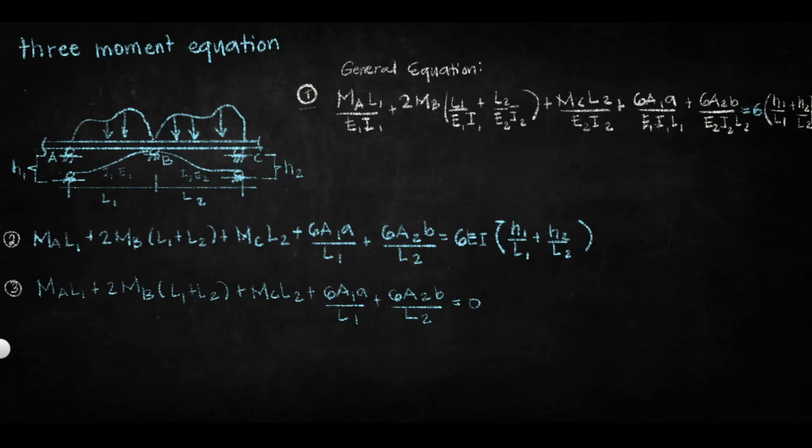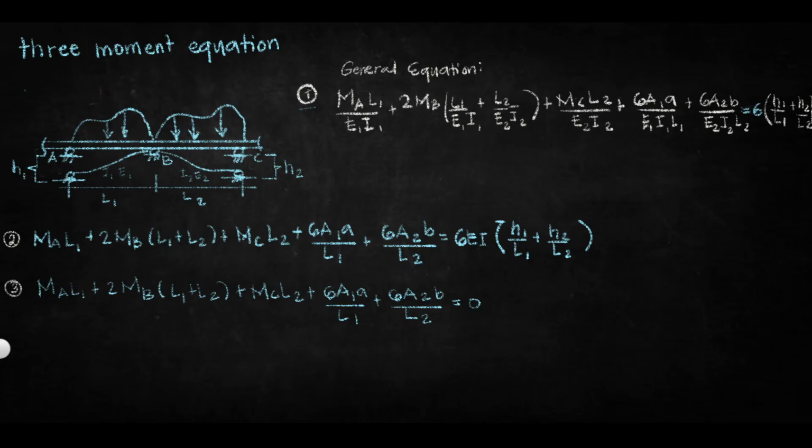all over E1I1L1, plus 6A2B-bar all over E2I2L2, which is equal to 6 times H1, the settlement at the left, all over L1, plus H2 all over L2, which is the settlement at the right.